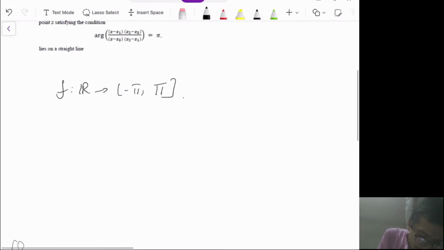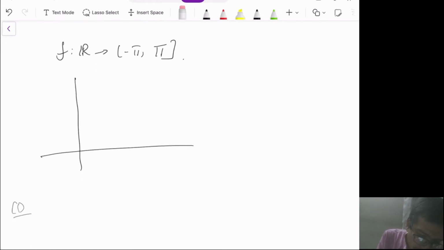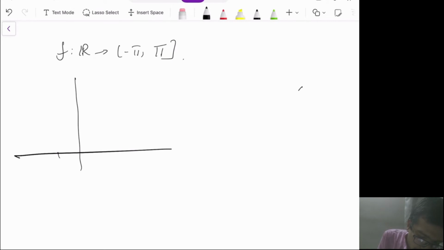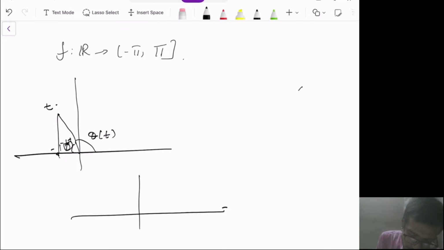Suppose I have some value t over here, then I'm going to compute this argument, which is of minus 1 plus iota t. So this argument will change with respect to t. So let's look at t and f of t. Let's try to plot this.